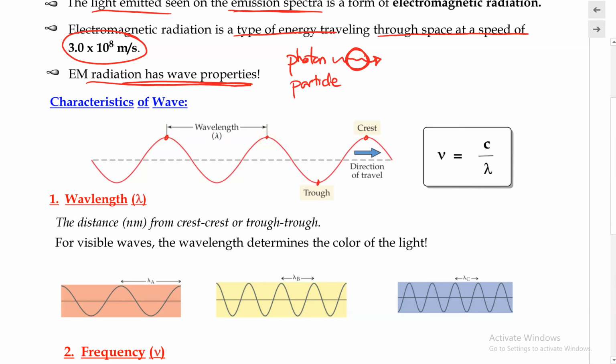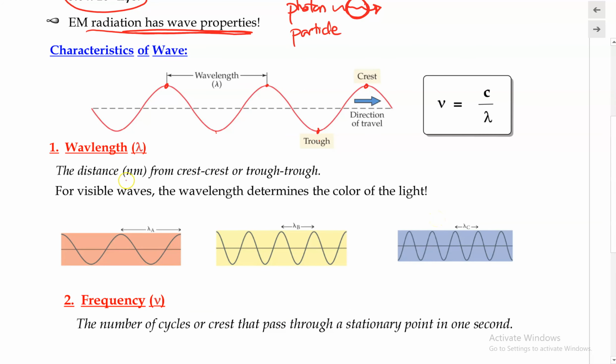That is the same distance from one trough to another trough as well. So we can measure either from crest to crest or from trough to trough, and that gives us the wavelength. Very often this distance is measured in nanometers.